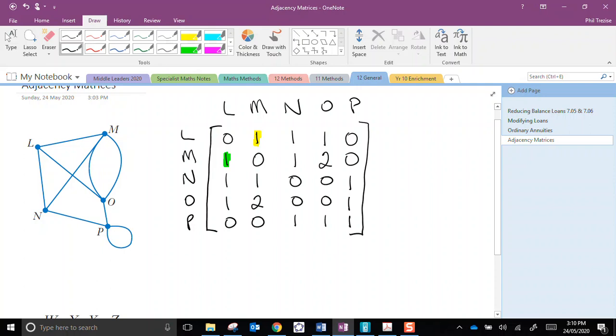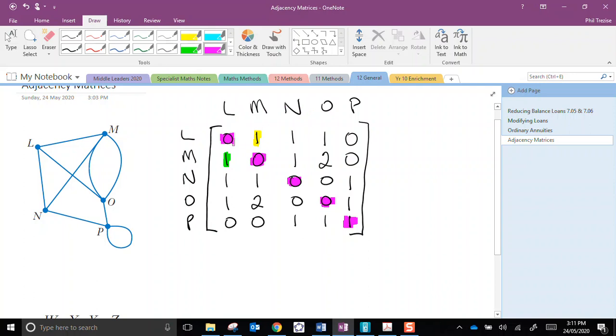This entry way down there, actually I might highlight all of the entries here as this colour because they are the lead diagonal. So the lead diagonal is a vertex connecting to itself. That's why we have to have the vertices listed in the same order for the column headings and the row headings.